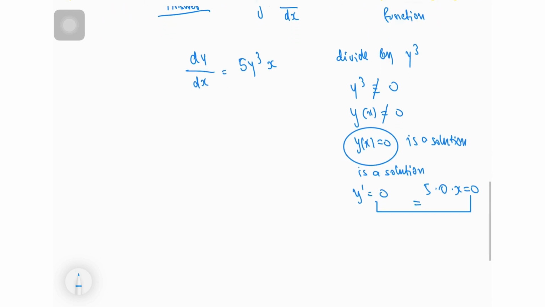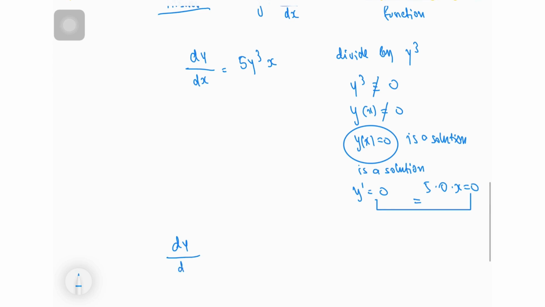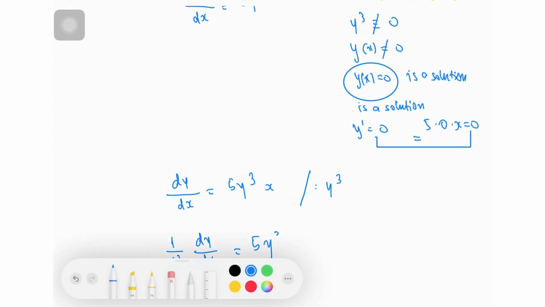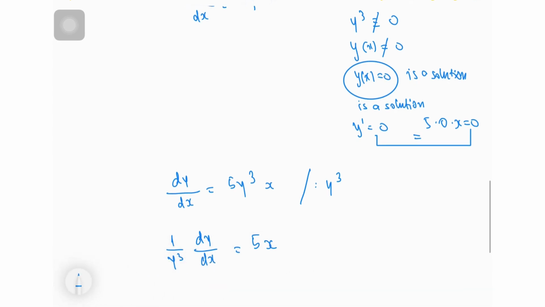Now we can go back. Again, let's just rewrite. And now we can divide by y cubed on both sides. That is 1 over y cubed dy over dx equals 5x.